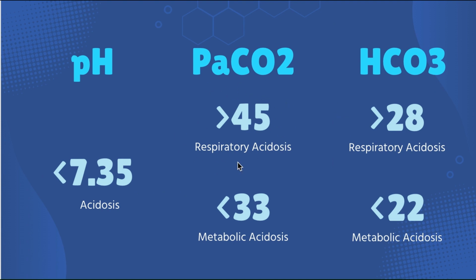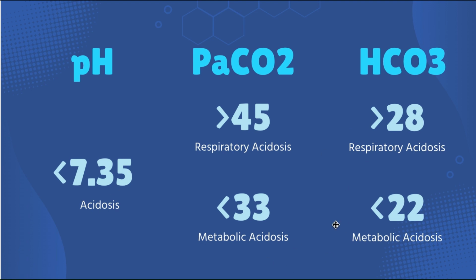So if this is increased and it causes respiratory acidosis in the blood, then this increases to compensate for the acidity. The base increases to compensate for the acidity, just like in basic chemistry, to increase the pH in order to bring it back to the neutral reference range.